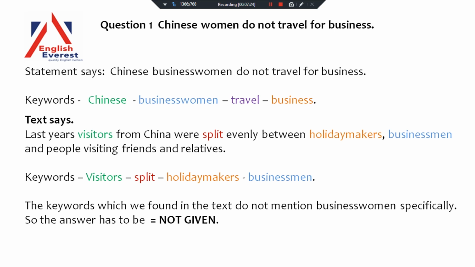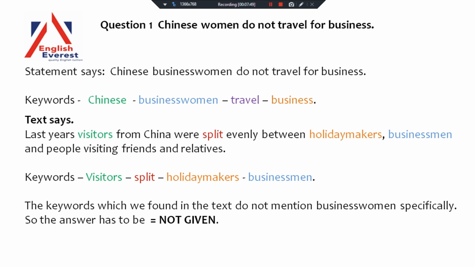Okay, now there are keywords. Now we could say that businessmen means businessmen, but we could also say that businessmen is a common word used for both men and women. Sometimes we just say businessmen. It means business people, yes? And it's commonly used, but it doesn't specifically say men or women.